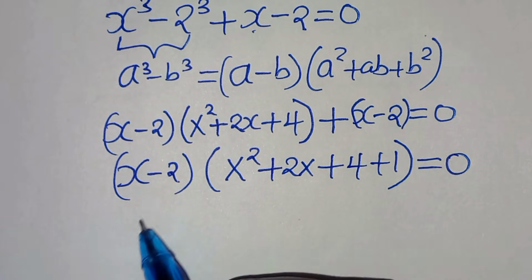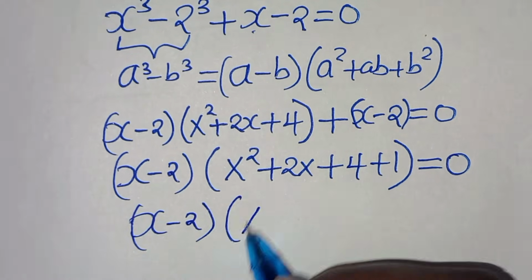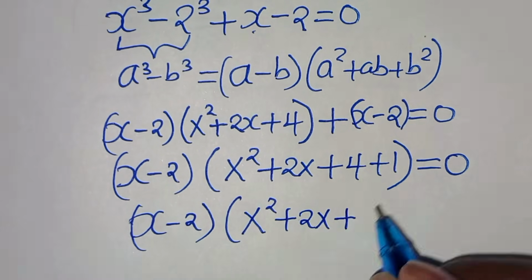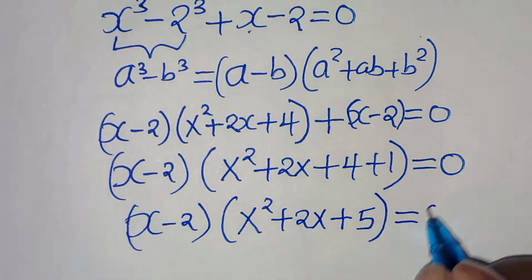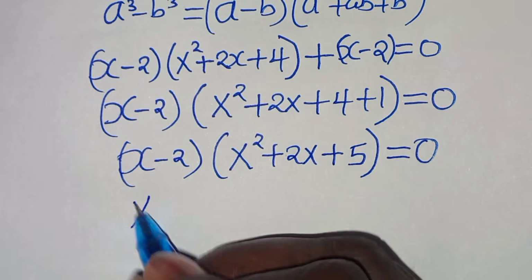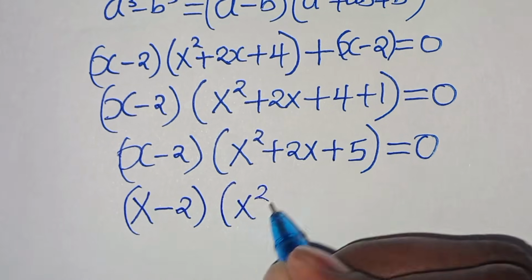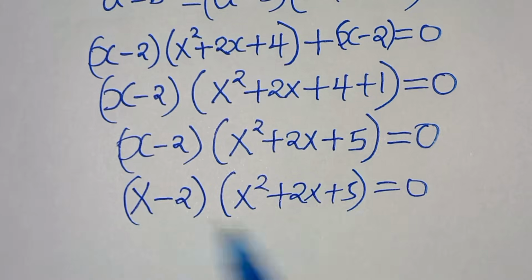So this is x minus 2, then x to the power of 2 plus 2x, then plus 4 plus 1, this is 5, close the parentheses, equal to 0. Now we have x minus 2, then x to the power of 2 plus 2x plus 5, equal to 0. So we have got two parts here.